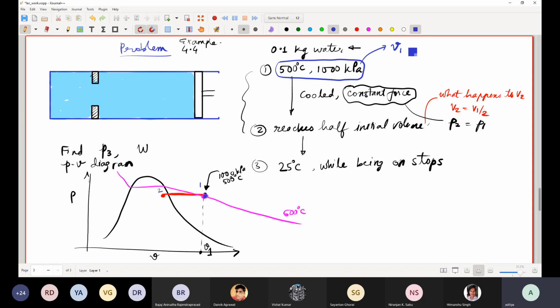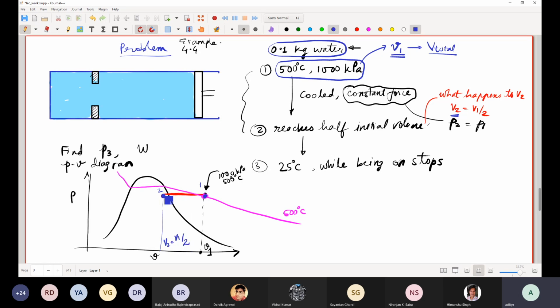And because we know what the specific volume is, we can find out the total volume also, no problem. V total also we can find out because we know the mass. The mass is known, so we can find out the total volume. But regardless, once we know the specific volume, we know that V2 will be half of V1. So over here, V2 is equal to V1 over 2.